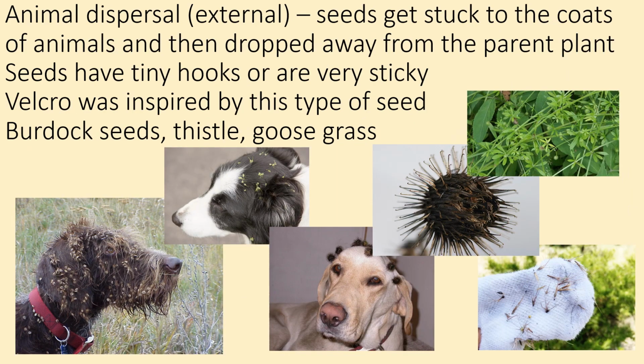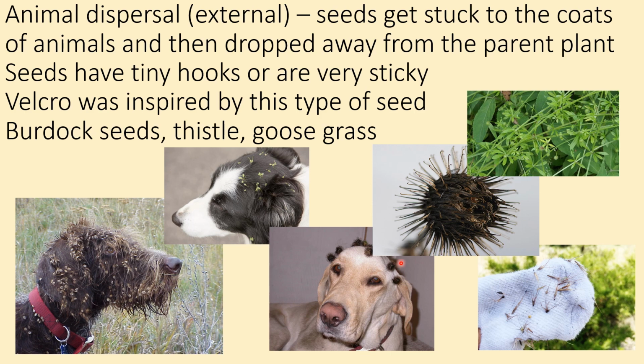Animal dispersal, external, so seeds get stuck to the coats of animals and then dropped away from the parent plant. So these seeds have tiny hooks or they're very sticky. Velcro is actually inspired by this type of seeds because Velcro has lots and lots of tiny hooks, just like this type of seed, which is a burdock seed, same as the ones attached to the head of this dog.